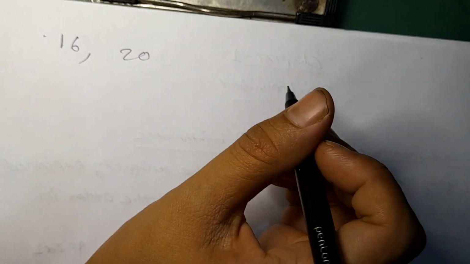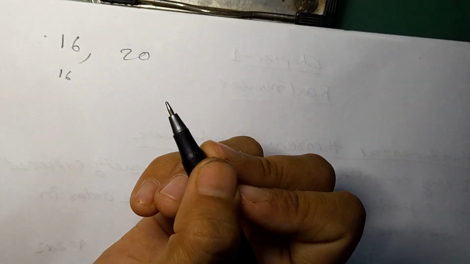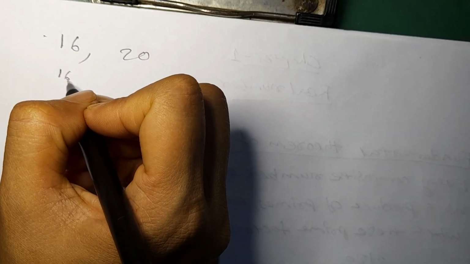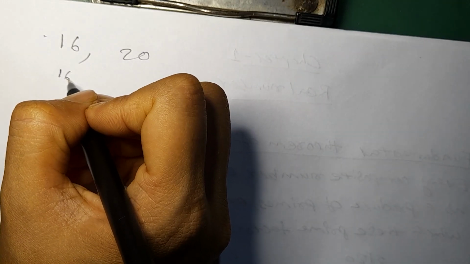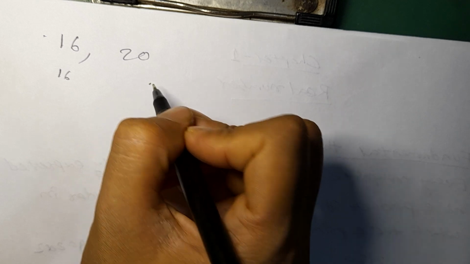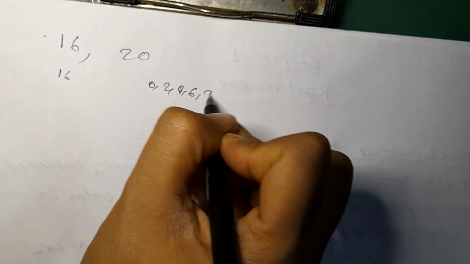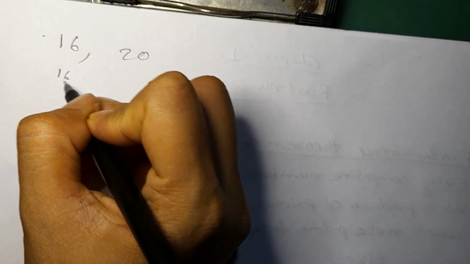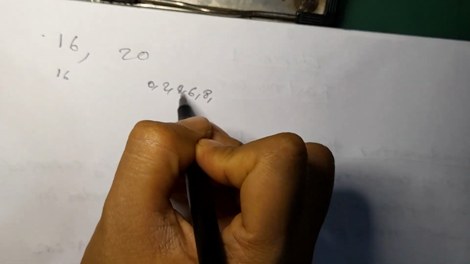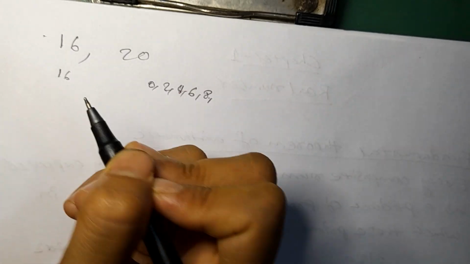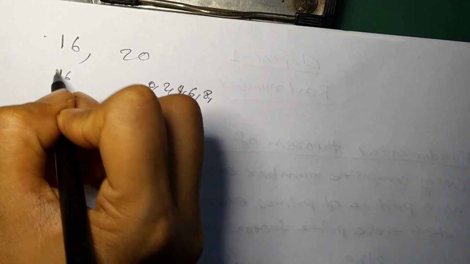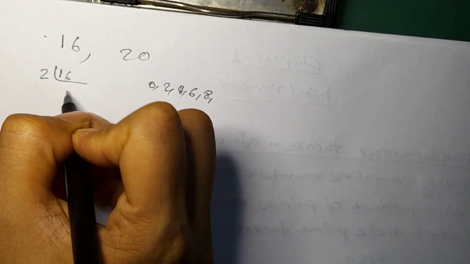First, 16 is divisible by which prime? It's divisible by 2. How do I know this? Because if the last digit is 0, 2, 4, 6, or 8, then the number is divisible by 2. So 16 divided by 2 gives 8.